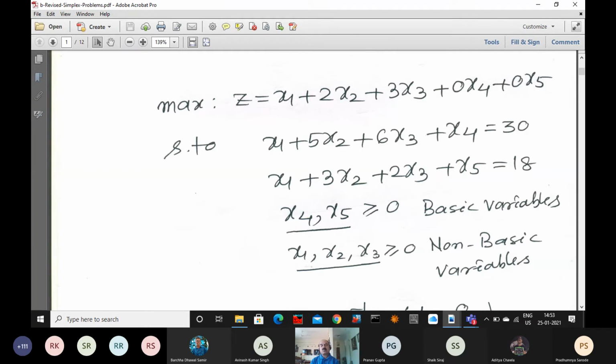So how many ways? 5C3, which is the same as 5C2, that is 5 into 4 by 2. There are 10 such cases. We could explore all the cases, but in the simplex table there is no need. We proceed in an optimal manner, and maybe after 2 or 3 iterations we may find the solution. Now I am making the table.